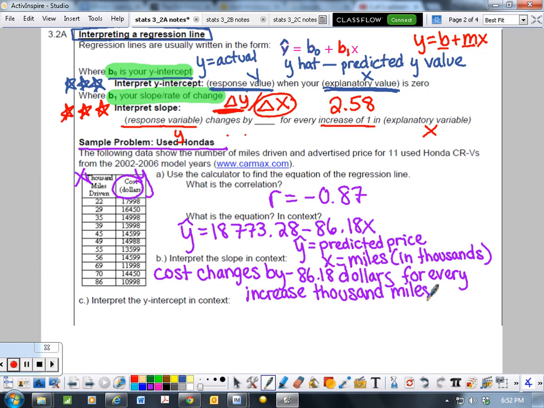So every time I add 1,000 miles onto that car, that price is going down $86 every single time.